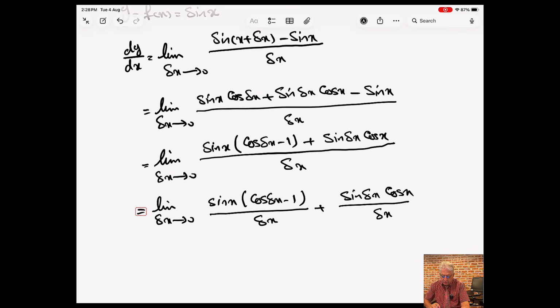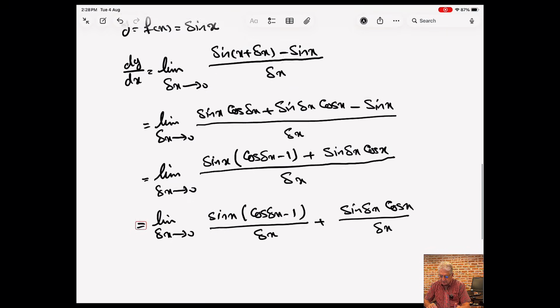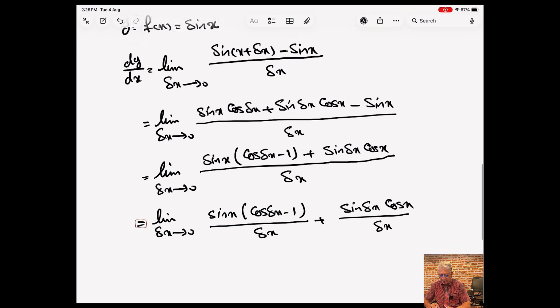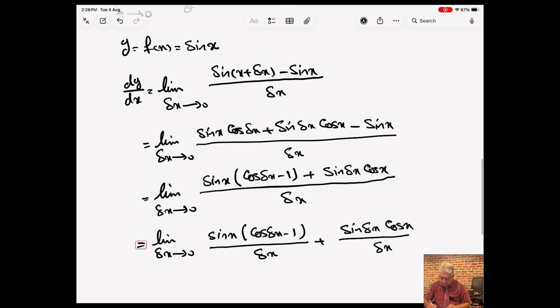We have already proved that 1 minus cos theta divided by theta goes to 0. This is a negative sign, but the negative sign doesn't change the limit of 0. So this part we have already proved is 0. Therefore this goes to 0.